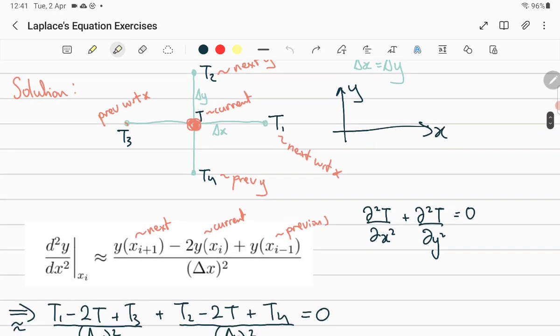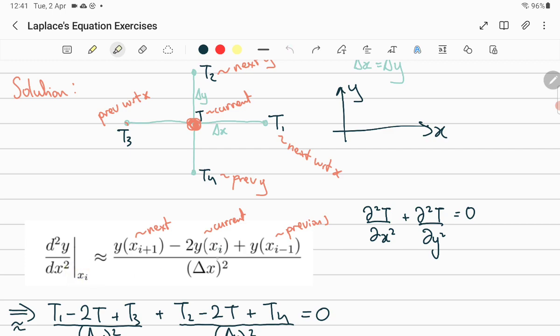Now, to approximate a second derivative, you use this formula that'll be given to you at the back of your exam paper. And basically what it says is, at a point xi, so that's your current point, you look at the y value at the next point, minus twice the current point.